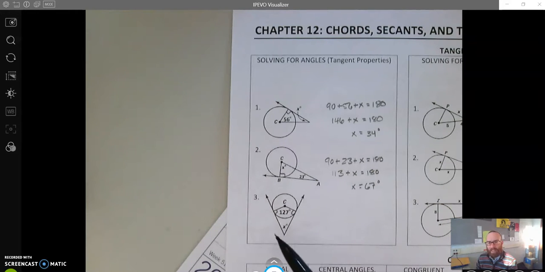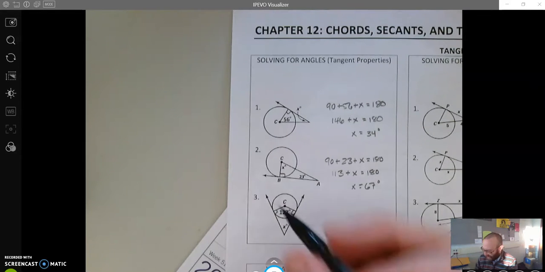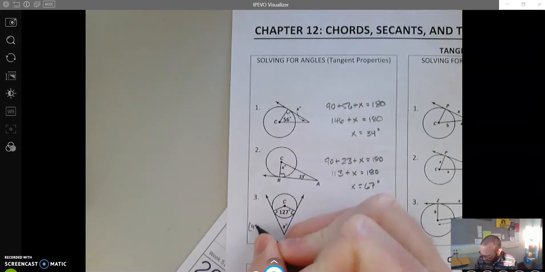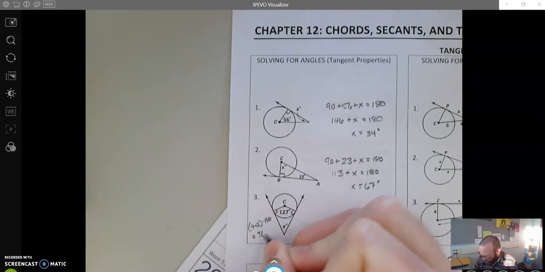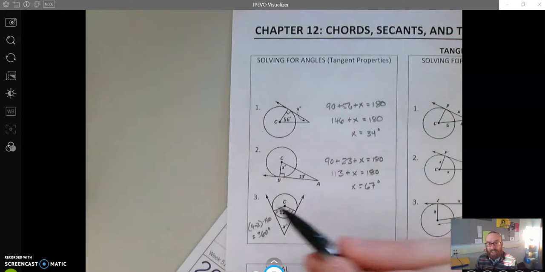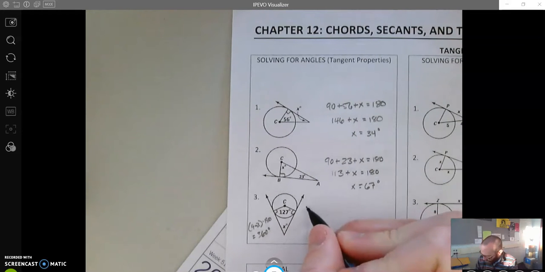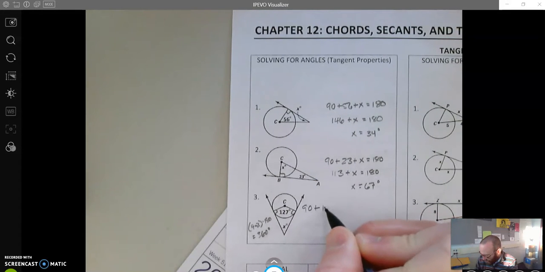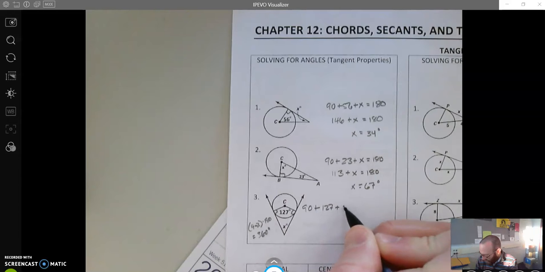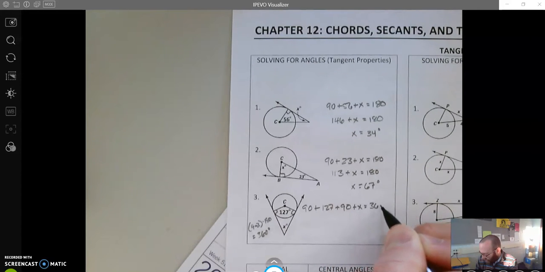The difference is when we get down here, we now have a quadrilateral, and it is a kite. We did talk about that in class. Okay? But quadrilaterals add up to 4 minus 2 times 180 equals 360 degrees. And that's all that changes. We now have four angles, a 90 plus a 127 plus a 90 plus x, and that's where we equal to 360 degrees.